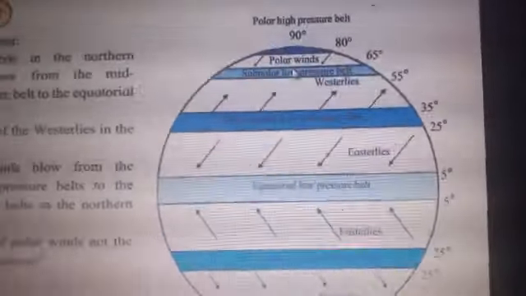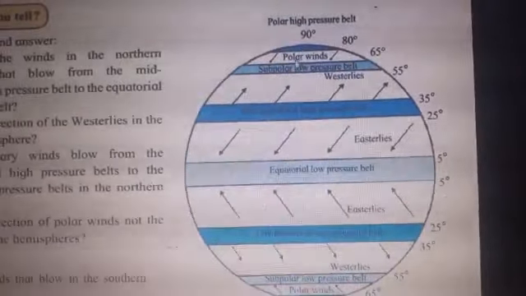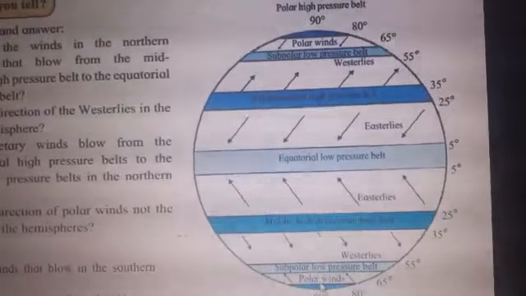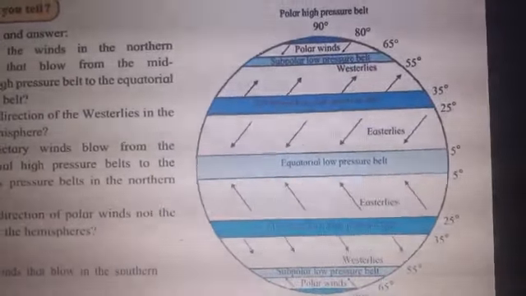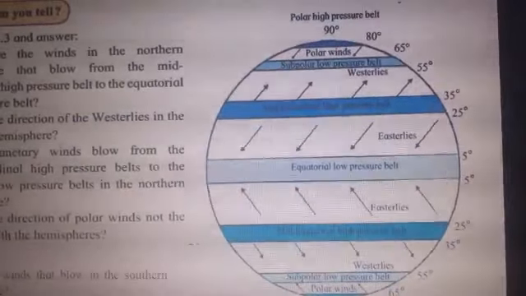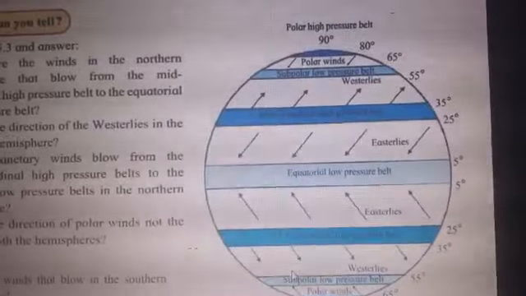The next is, why is the direction of polar winds not the same in both the hemispheres? Here in the northern hemisphere, the winds are blowing from the pole towards the equatorial region. Same here at the south pole also, the winds are blowing from the polar region towards the equatorial region.